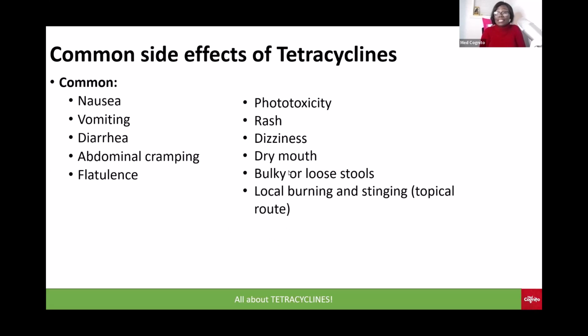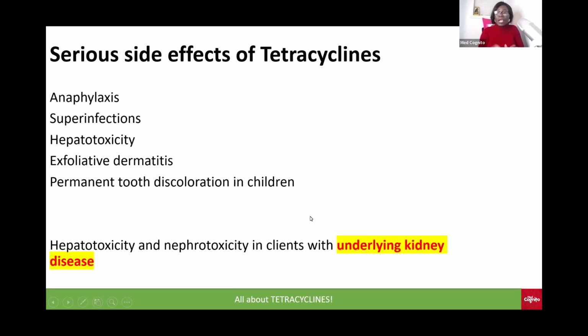Rash, dizziness, dry mouth, bulky or loose stools. And then for those used topically, the client can have local burning and stinging. So take note of these common side effects of tetracycline.